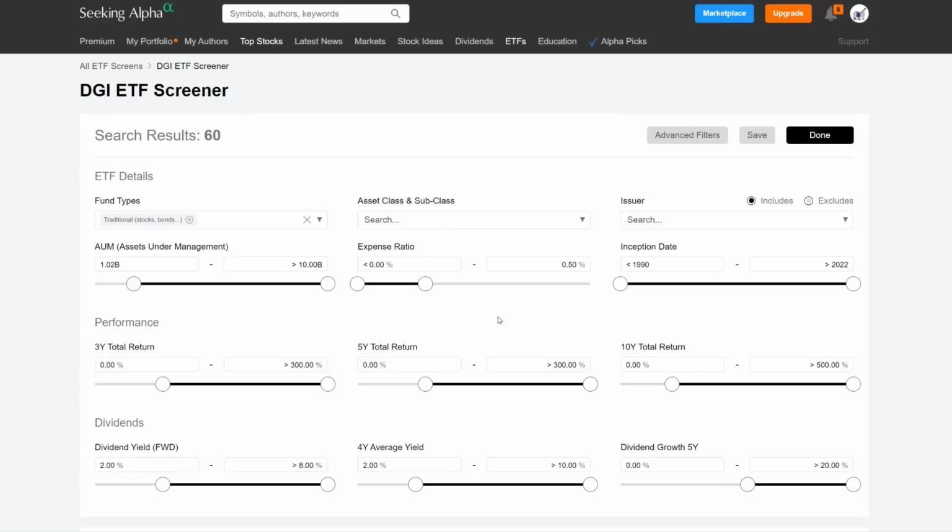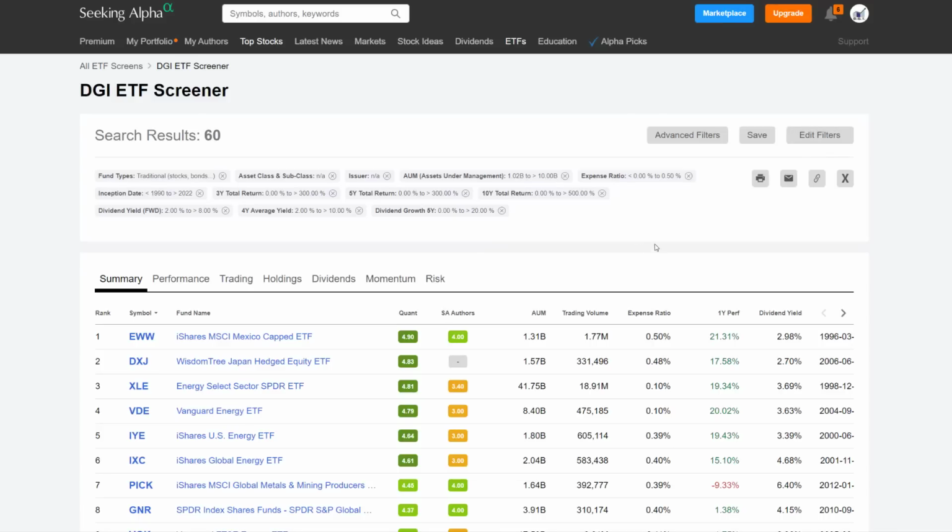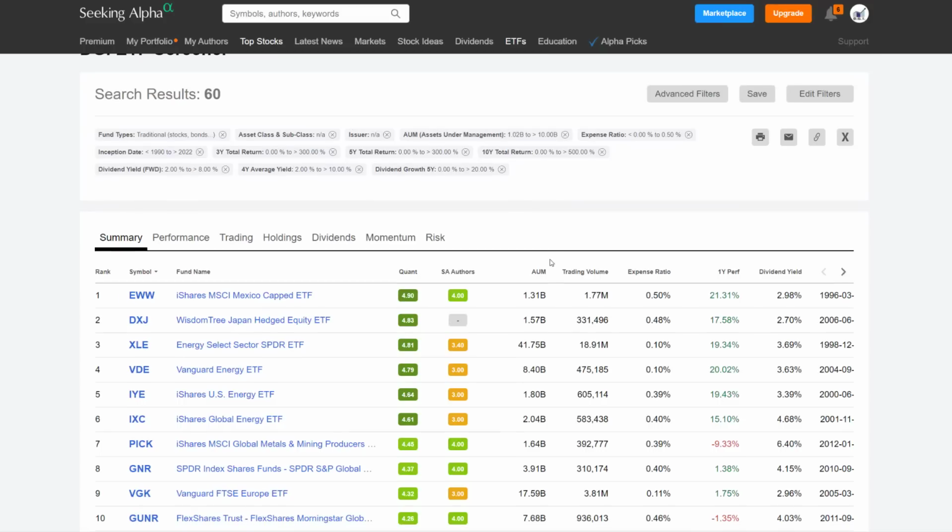Some of the ones that are going to impact this is the assets under management, so we're only looking at pretty significant ETFs here, and ETFs that have a low expense ratio and a 2% dividend yield and above. Those are the primary criteria that we're looking at here. And something that you can do is filter here based off of what's important to you.